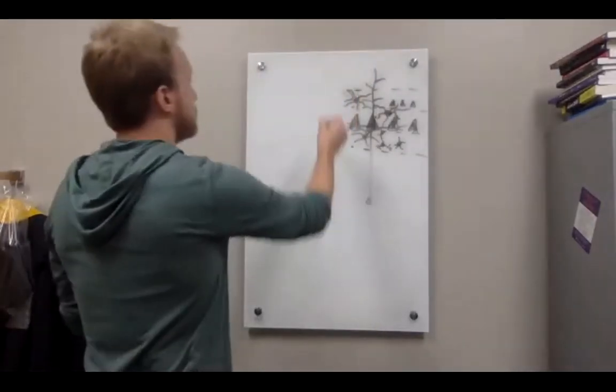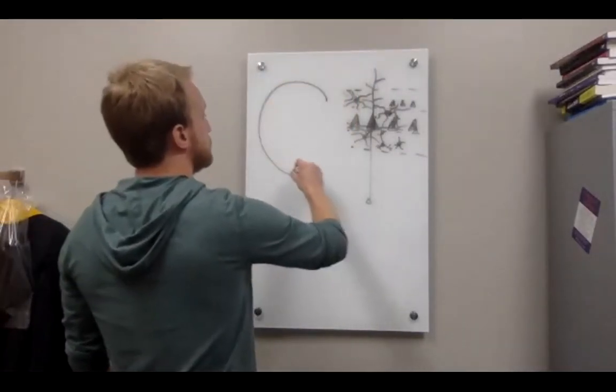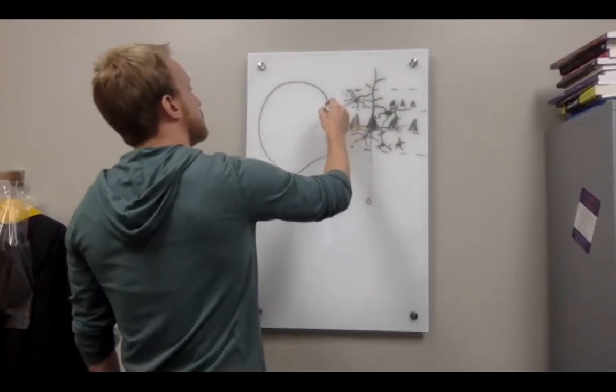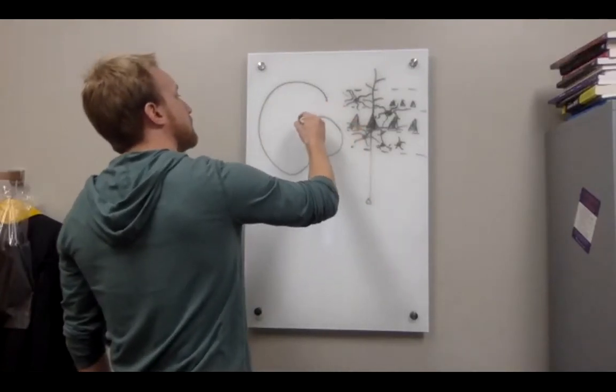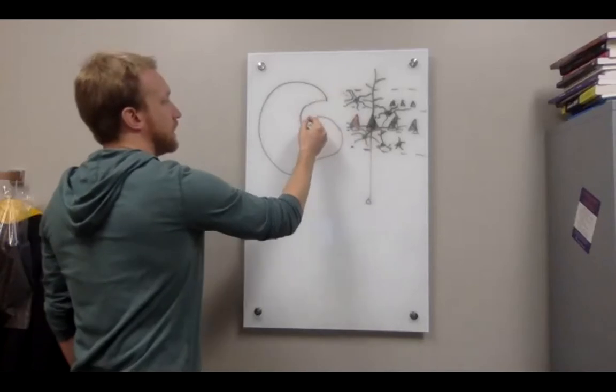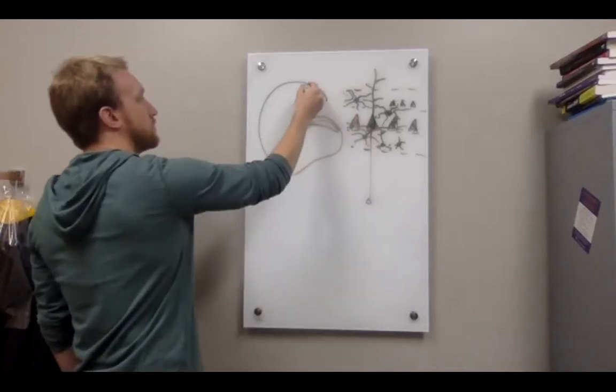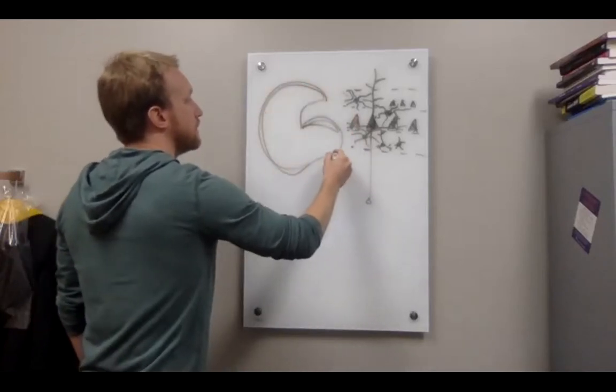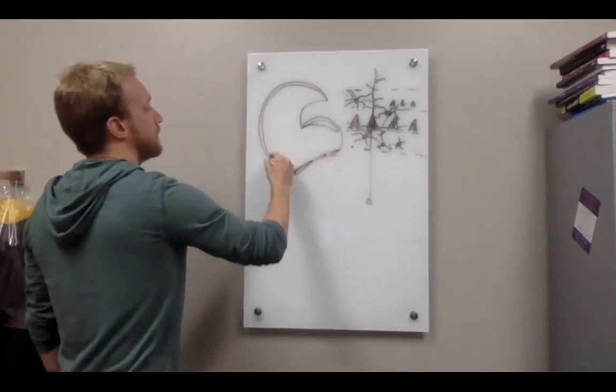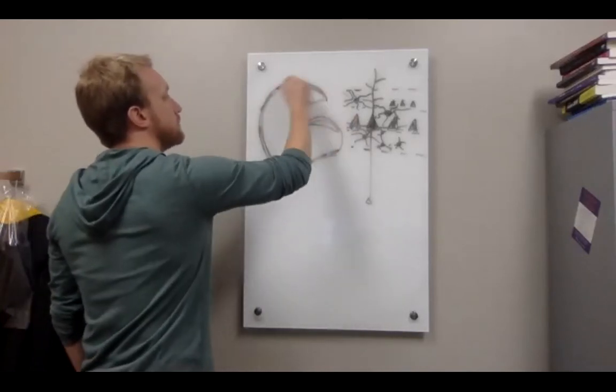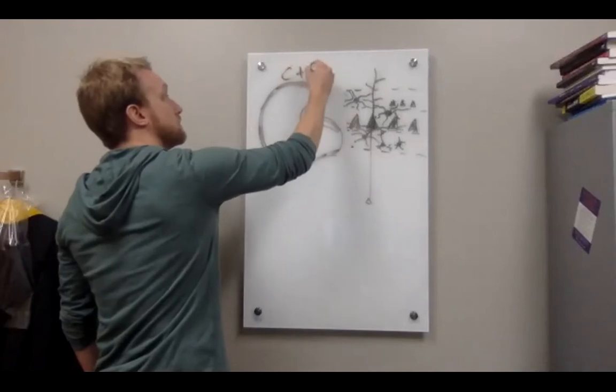Now, earlier, that cortex was a little bit smoother, right? And down below there, here's our ganglionic eminences. So we're building the cortex here. Here's where our excitatory neurons come from, future cortex.